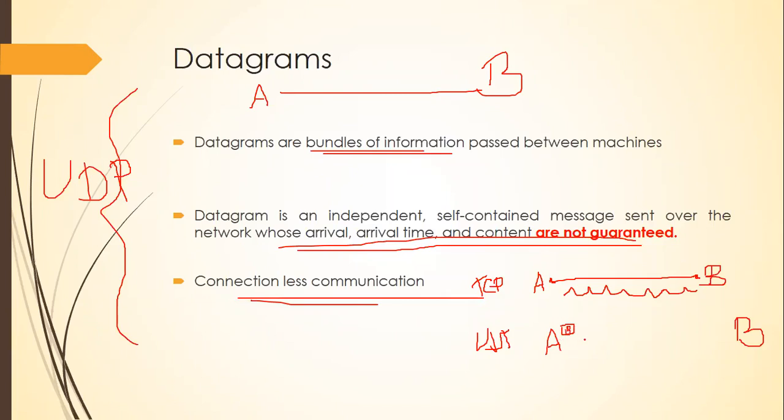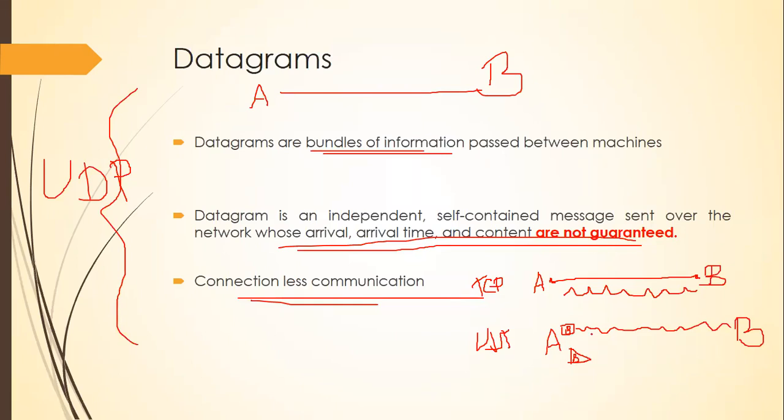And this packet travels through the network. It might reach, it might not reach. Okay. Now, A will have another packet, a triangular packet. In that packet also, A will tell you have to go to B. No connection is made.